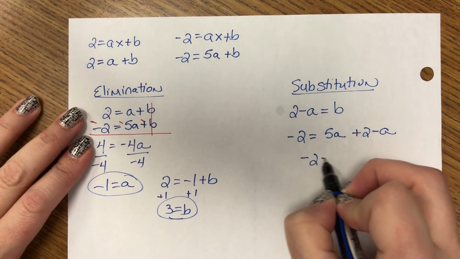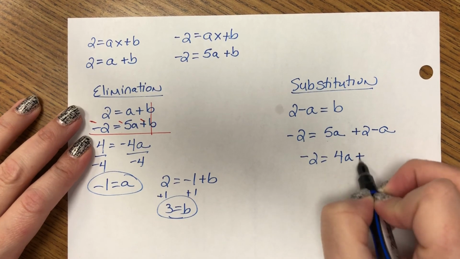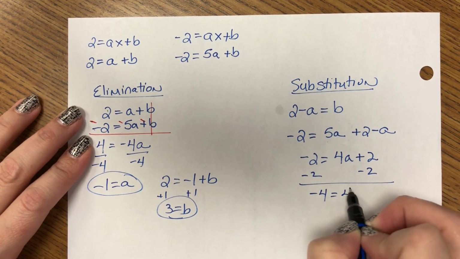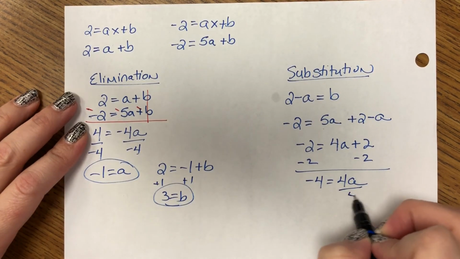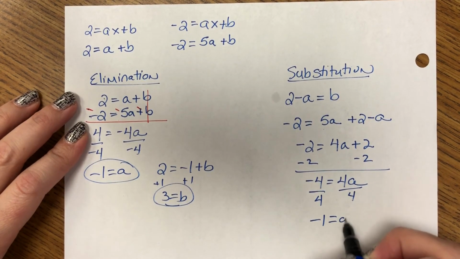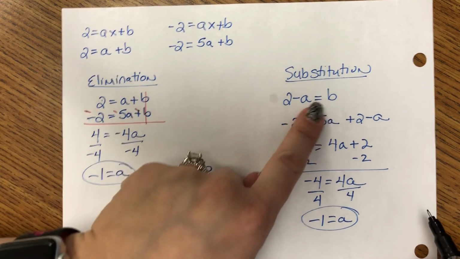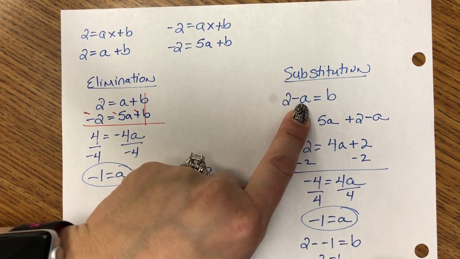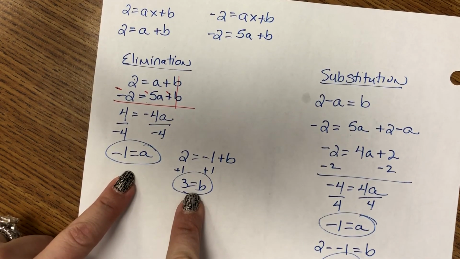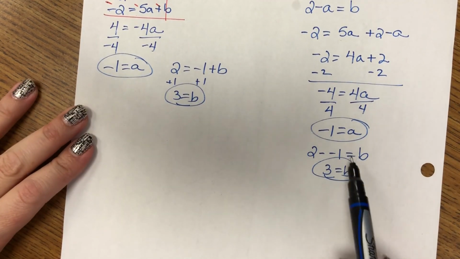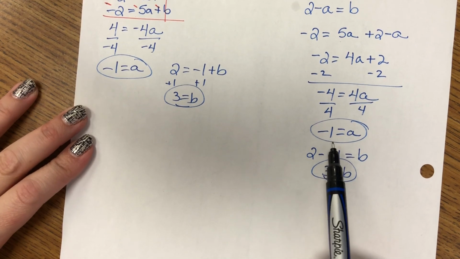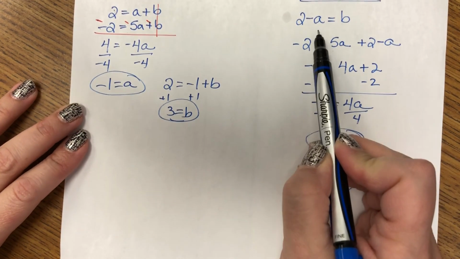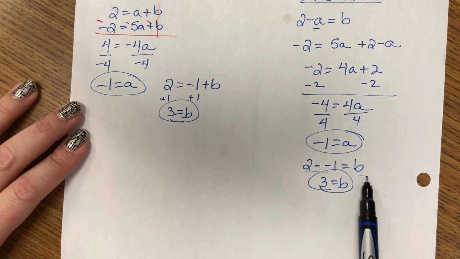So combining my like terms, on this side we have 4a, move the 2 over here. We get negative 1 is a, and then it's easiest to plug that back in here, and we get 3 is b. Same answers as the other way. So I don't know if that was off the camera view when I did it, I'm sorry. So this negative 1 I plugged back in for this a and got 3.